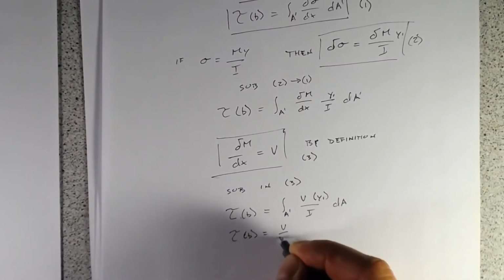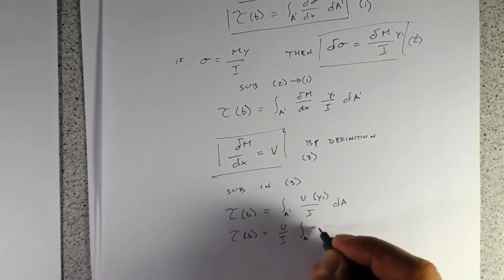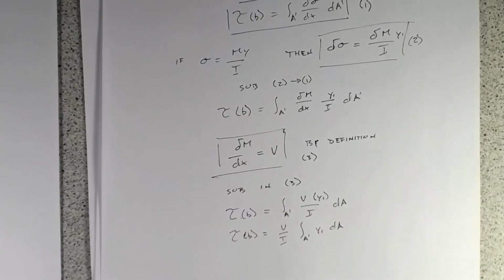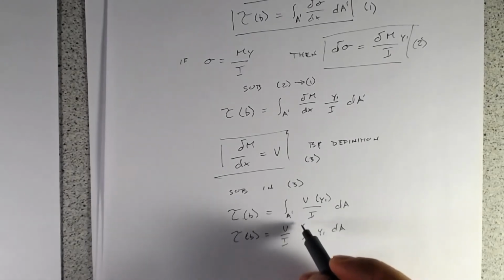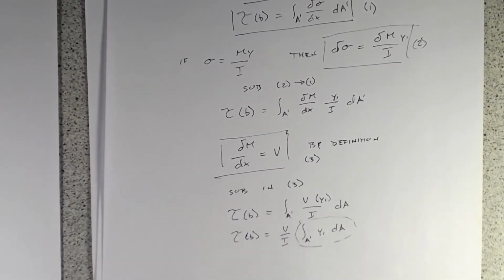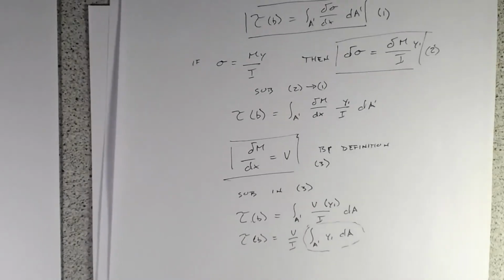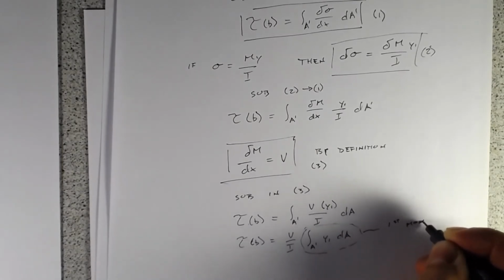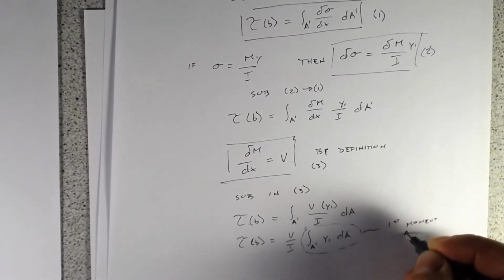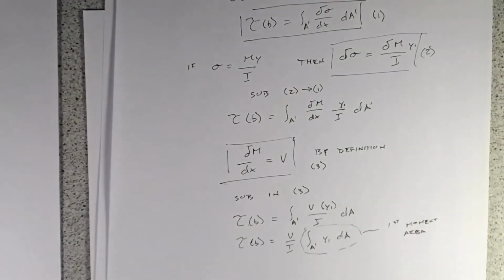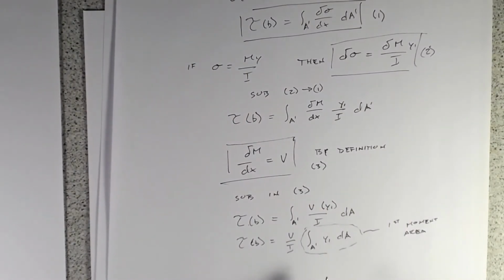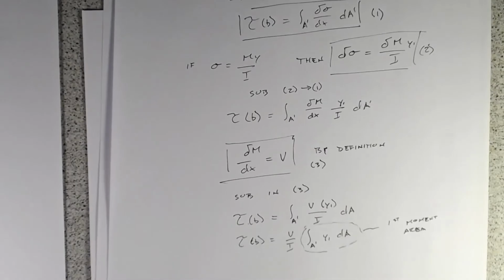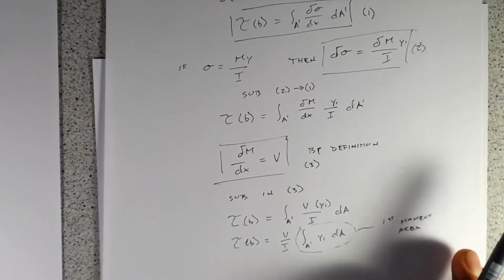Equals V over I times the integral over A prime of y1 dA. So this section here should look really familiar. This is just our definition of the first moment of area, which is kind of cool. So that means this is a common section property which we can calculate in sort of an engineering term.